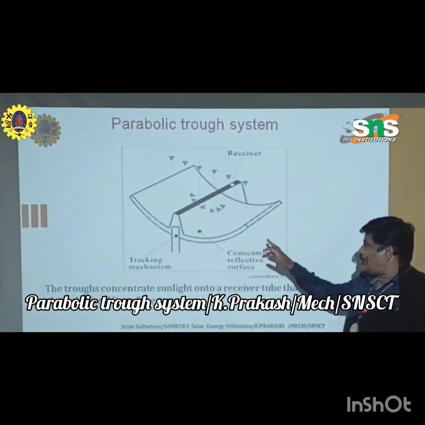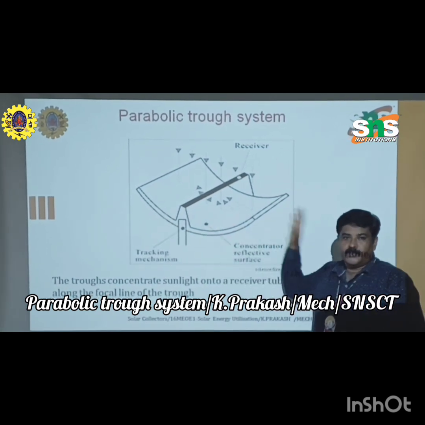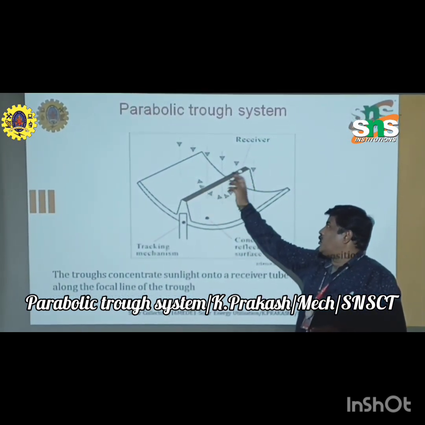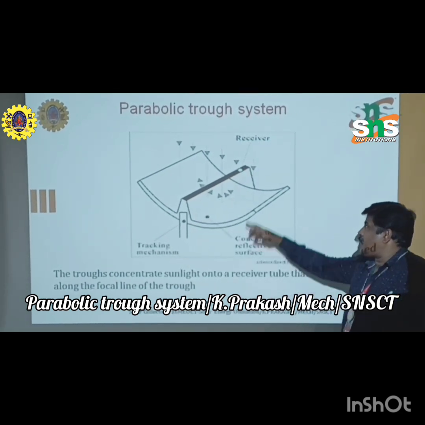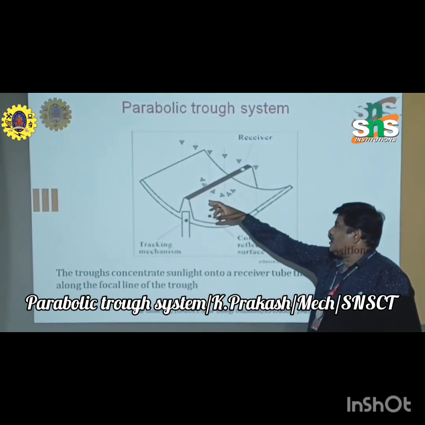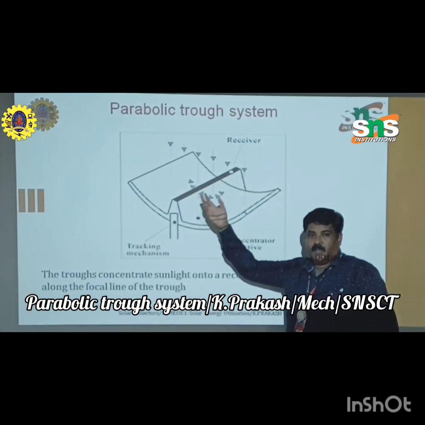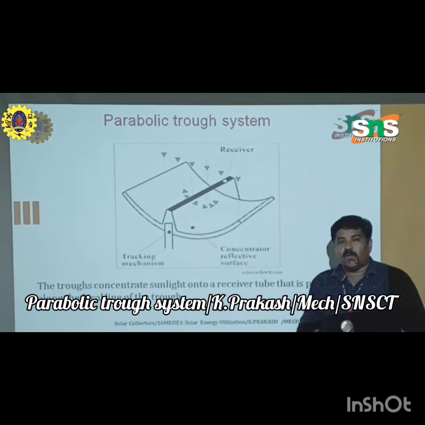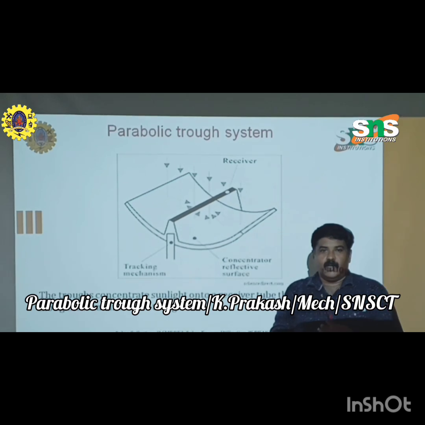In the parabolic trough system, there is a reflective surface which is curved in shape. There is a receiver through which the fluid is passing. When the fluid passes inside this receiver, it gets heated by the direct radiation falling on this tube. But the amount of radiation falling directly on this tube is very, very less.